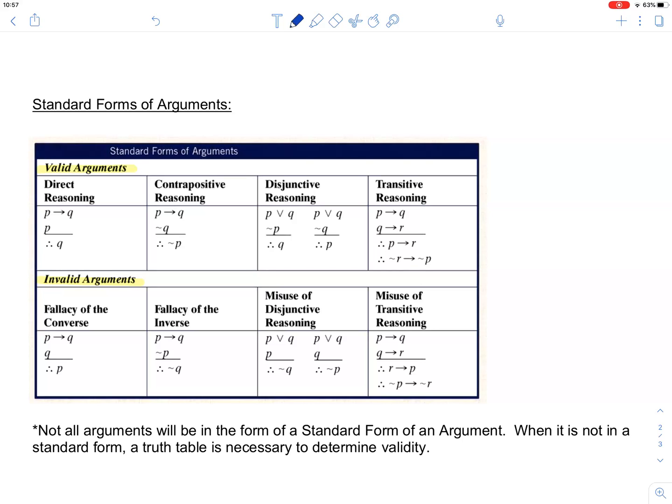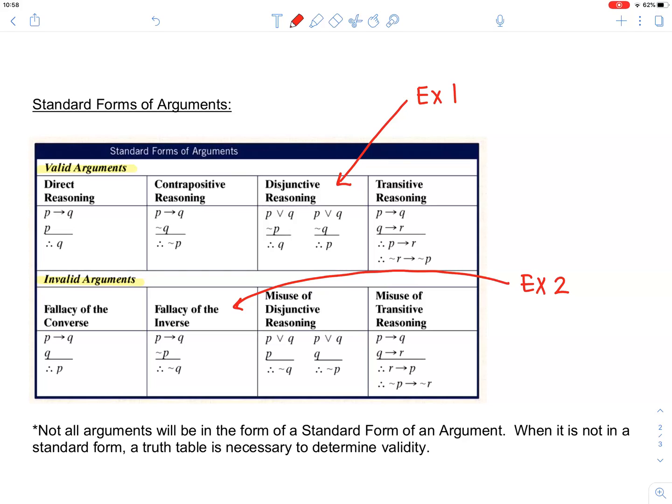If you look at our examples from earlier in this section, you will find that our example 1 was a valid argument, and it followed the disjunctive reasoning that's listed there. Our example 2 was invalid, and it is an example of the fallacy of the inverse.